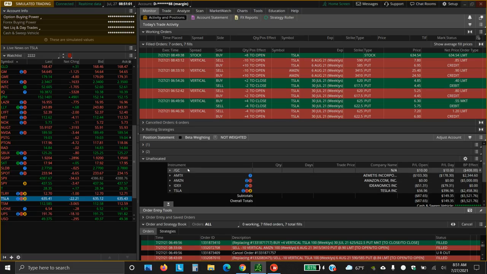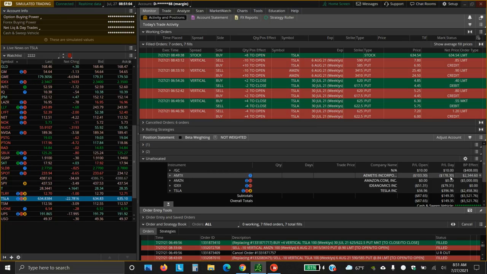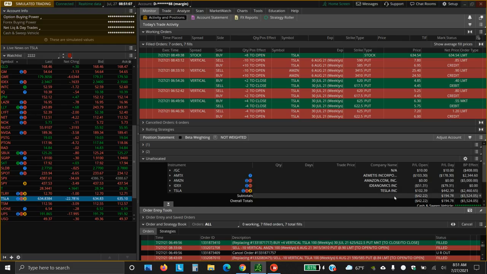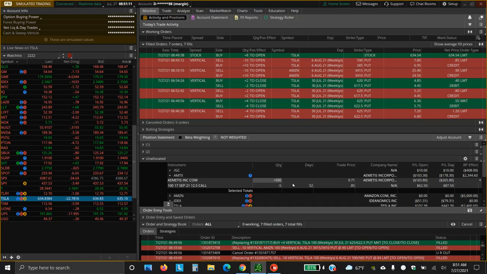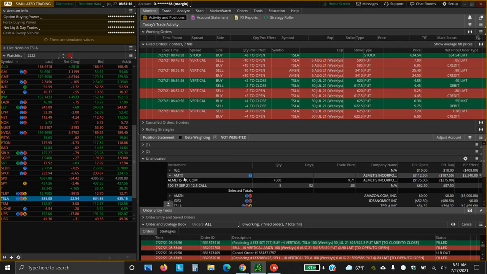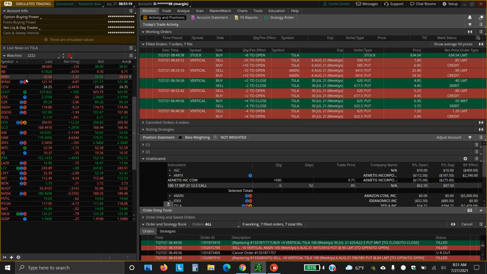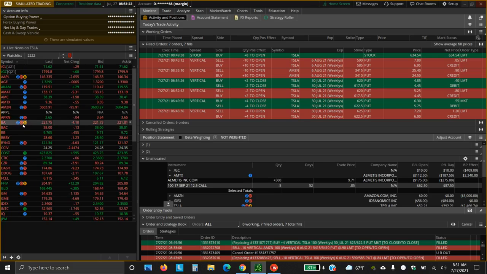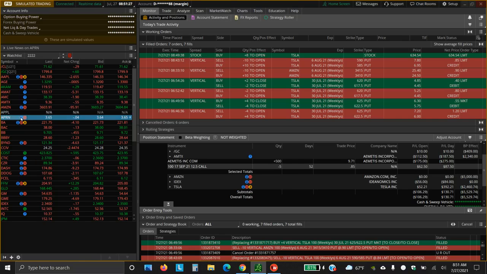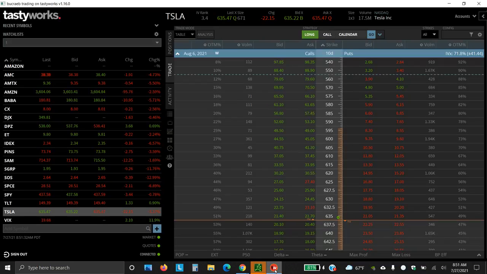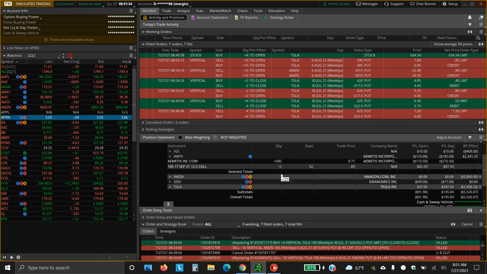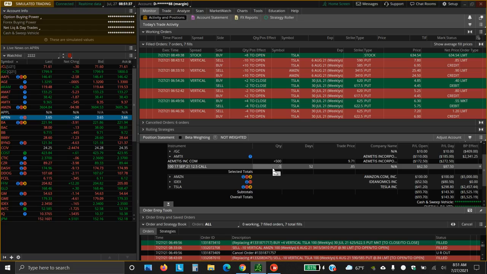I'm still following up on these trades here. If they're losing now, they're not going to lose very long, because we still have time to go. We have a month to go, but I think earnings on this is, what's the earnings on AMTX?